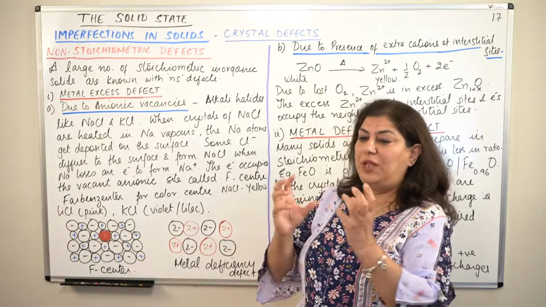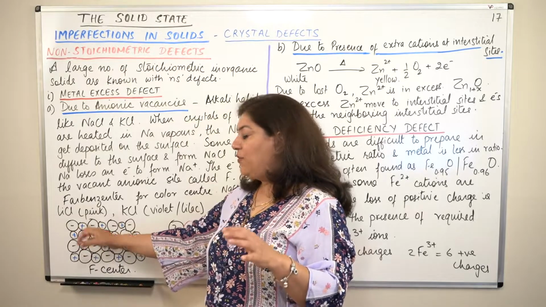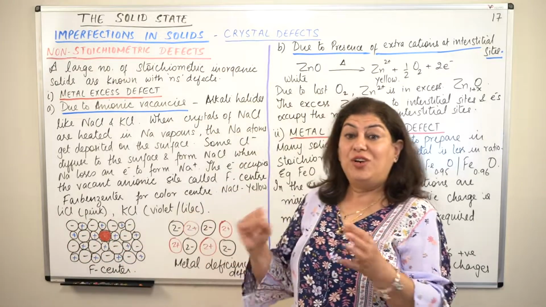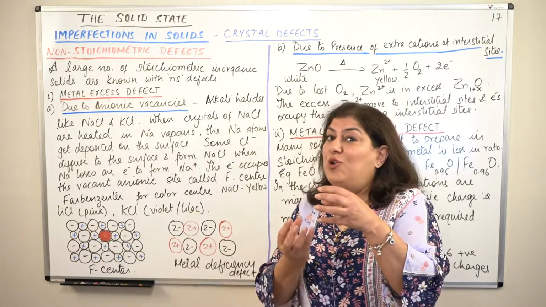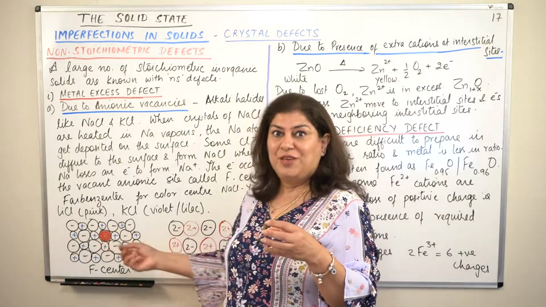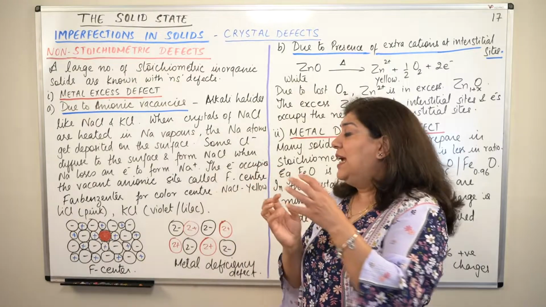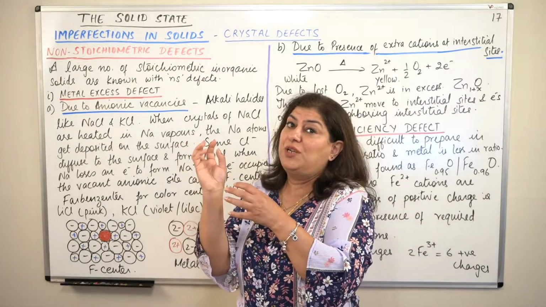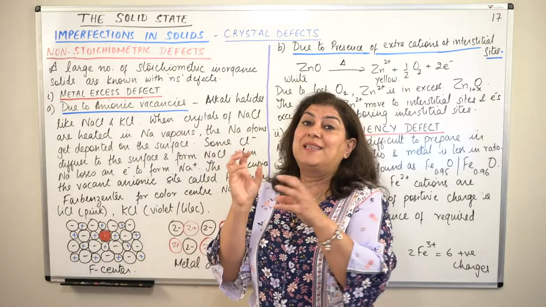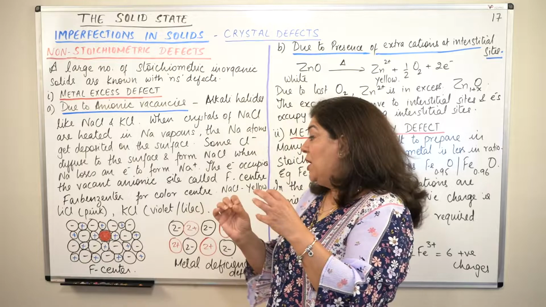And what they do is, one of the chloride ions from somewhere in the crystal combines with the sodium. It's not necessarily on the top. Some chloride ion, even from somewhere beneath the surface, may get attracted and will start moving towards the sodium metal, because all metallic atoms have a tendency to lose electrons.